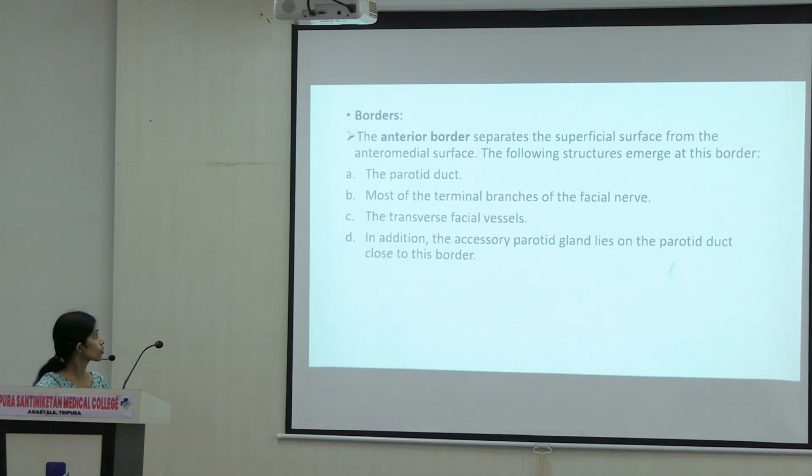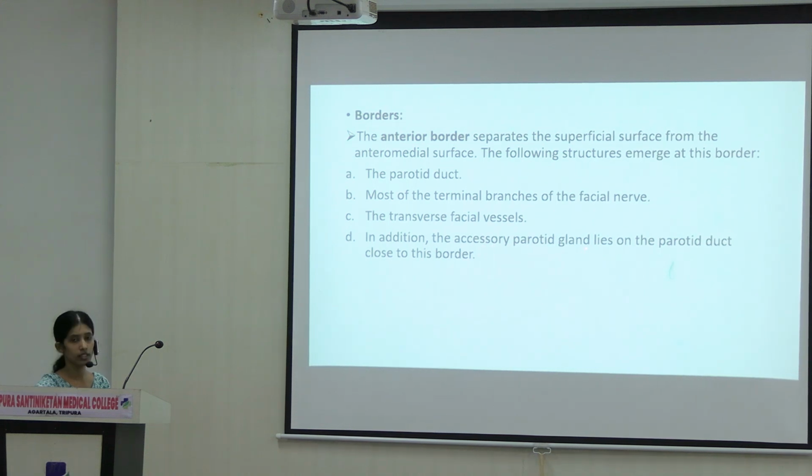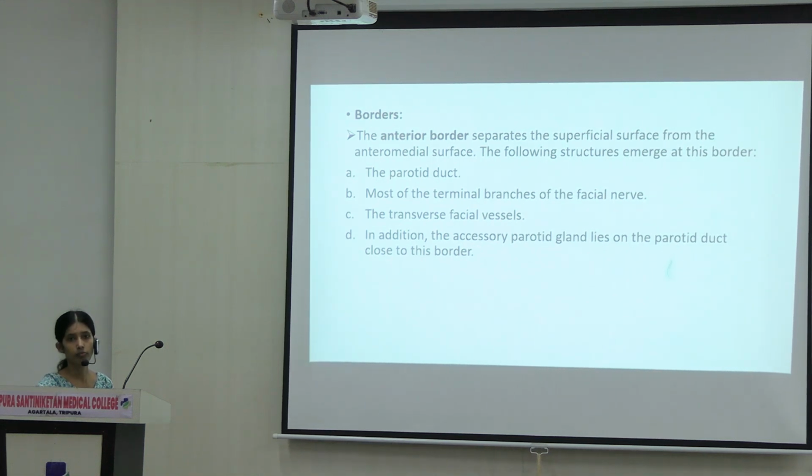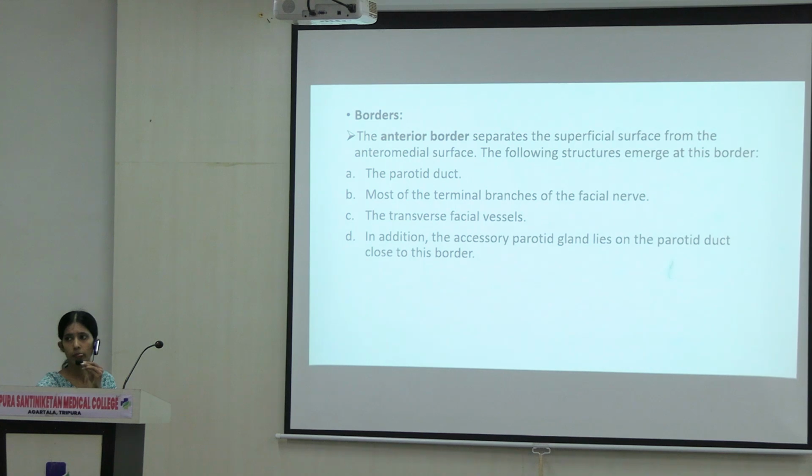Next we have borders. The anterior border separates the superficial surface from the anteromedial surface, and it is related to these structures: parotid duct, terminal branches of the facial nerve, transverse facial vessels, and also to your accessory parotid gland that lies along with the parotid duct closer to this border.